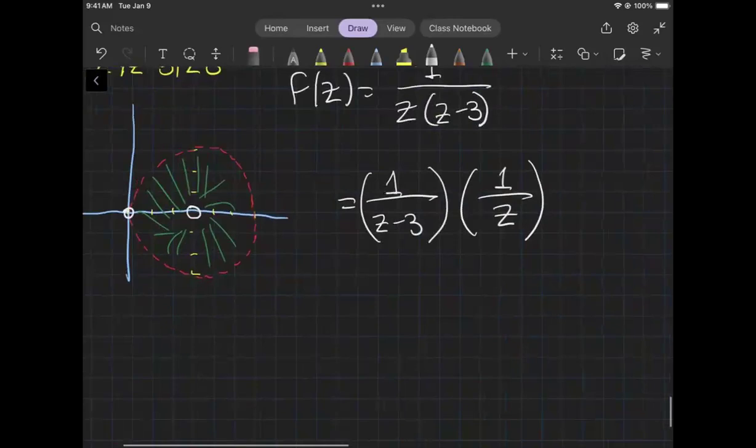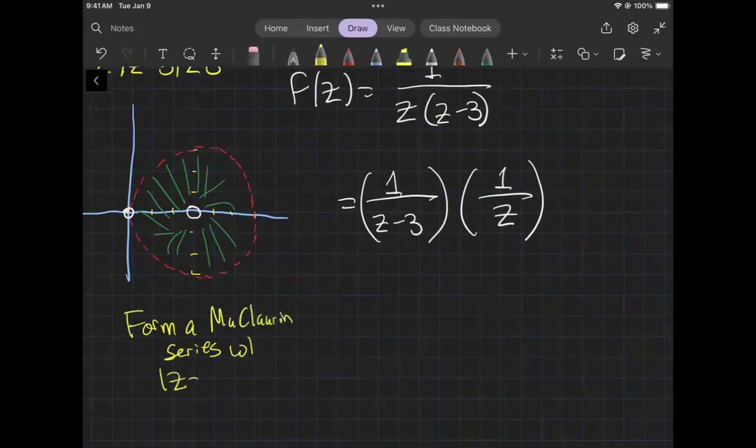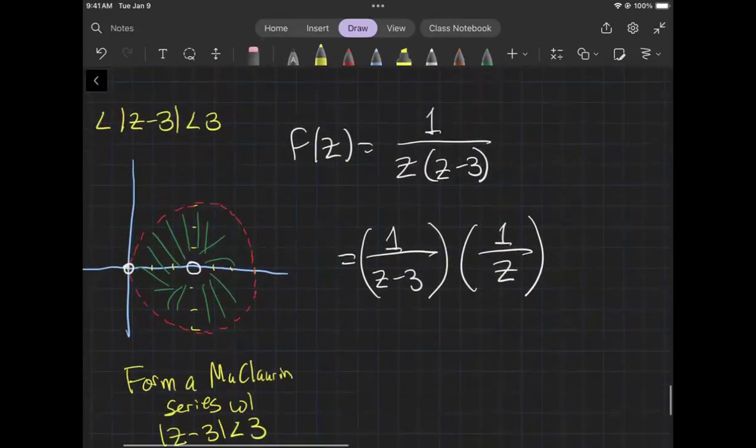Now this time we want to formulate a Taylor series, I mean a Maclaurin series, with this circle of convergence, right?